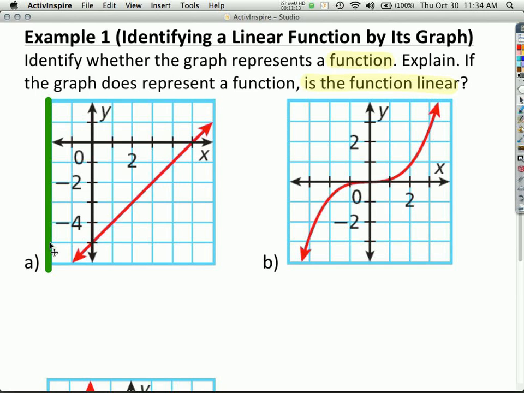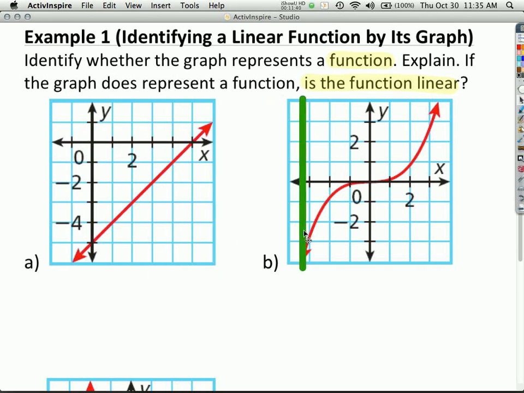And just to be clear, when I say the graph, I'm talking about this line. I'm not talking about these. That's the grid. This is the graph. So watch, drag it across, it always touches one point. Touching one point right there, touching one point right there, touching one point right there. No matter where I move it, it's always touching one point.